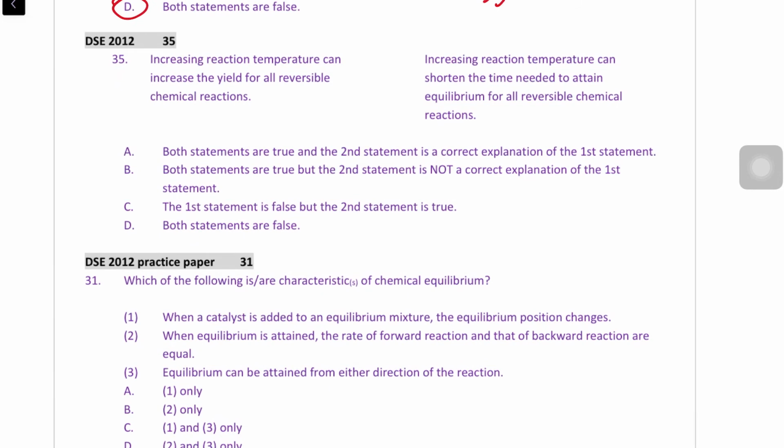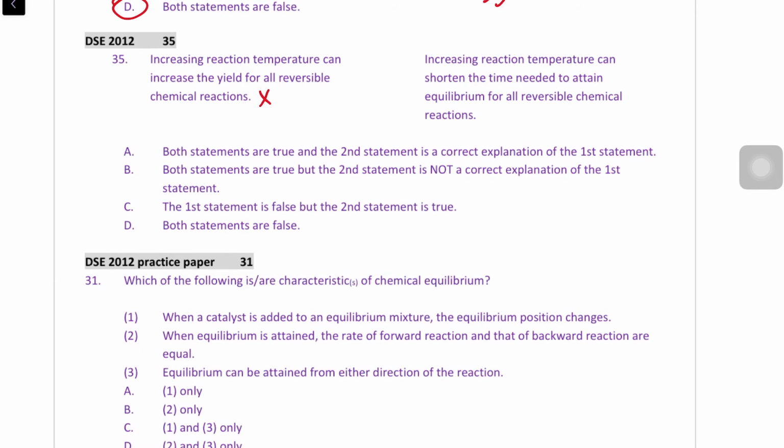35. Increased reaction temperature can increase the yield of all reversible chemical reactions? No. It depends on whether the forward reaction is exothermic or endothermic. If the forward reaction is exothermic, increased temperature will decrease the yield.